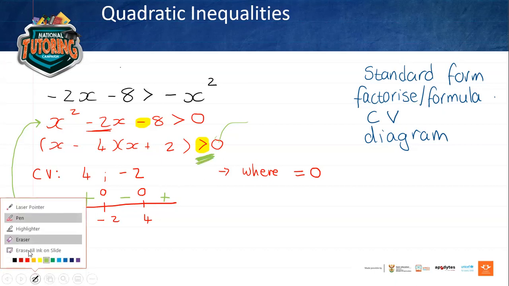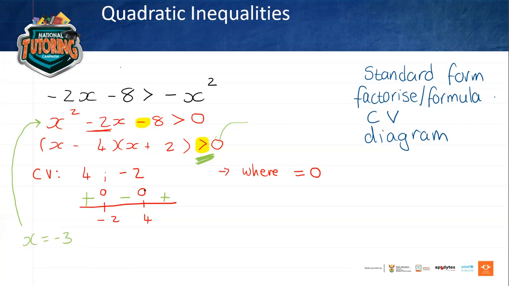So our solution is going to be any values greater than 4 or less than -2. Because greater than 4 gave us a positive answer, which is what we want, and less than -2 gave us a positive answer. Now, the question could ask you to just solve for x, in which case we would say x is less than -2 or x is greater than 4.